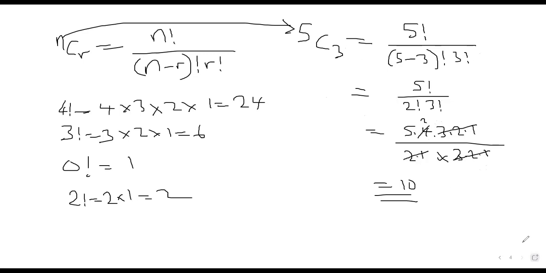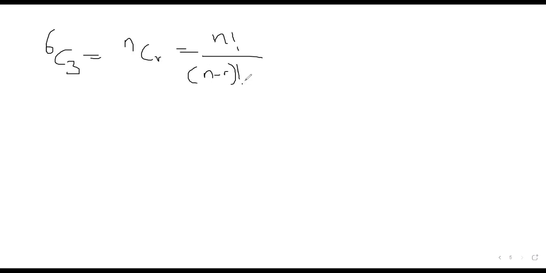We're going to try another one. 6 combination 3. So we know that n combination r is n factorial over n minus r factorial times r factorial. So just putting this, what is our n? 6.